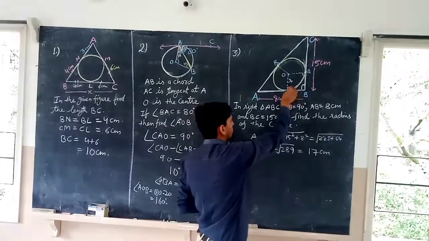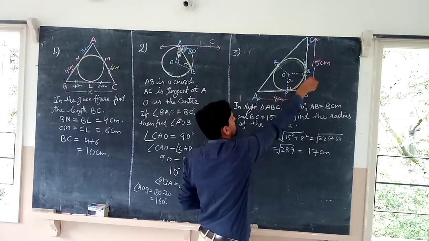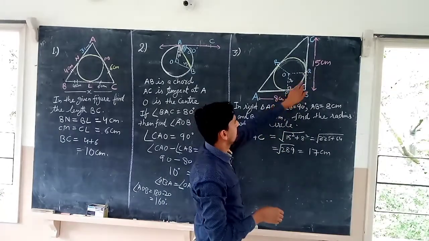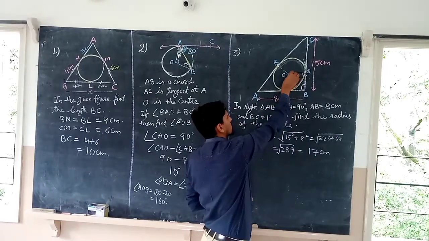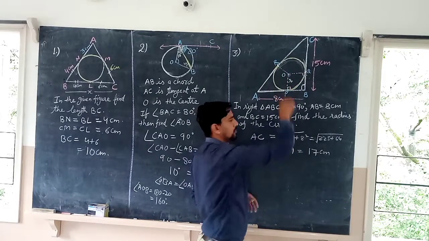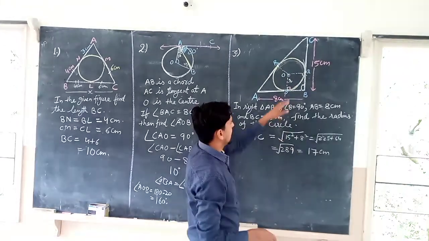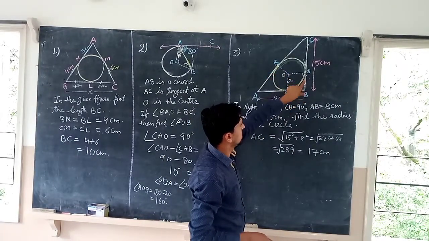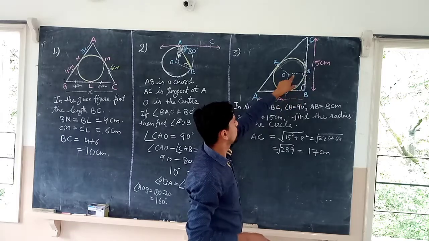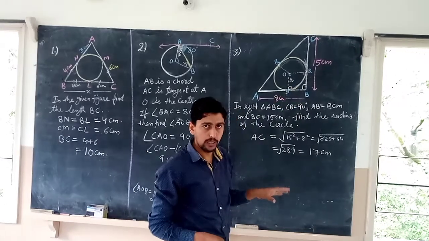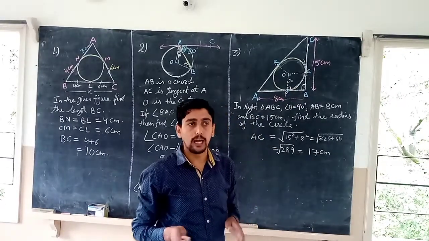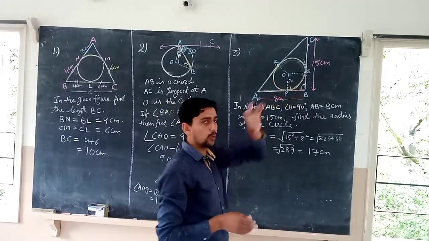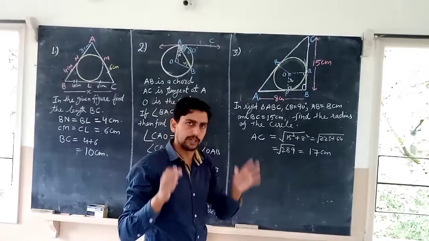And as we know, PBQO is a quadrilateral, and three angles are 90, that means the fourth angle must be 90 degrees also, right? And the adjacent sides, because these two are tangents, are equal, and these two are radii, so these are also equal. If adjacent sides are equal and all angles are 90 degrees, that means this PBQO quadrilateral is a square, right?